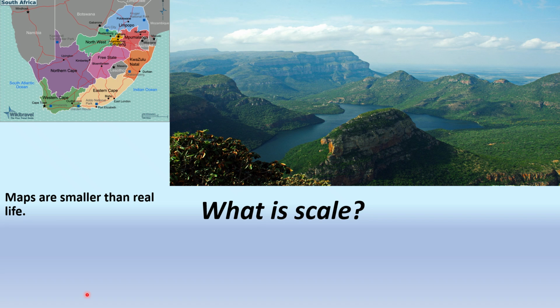So let's move on. We already know maps are smaller than real life. I already discussed that. This map is much smaller than the real actual place, as you can see. Then again, this is called a scale.